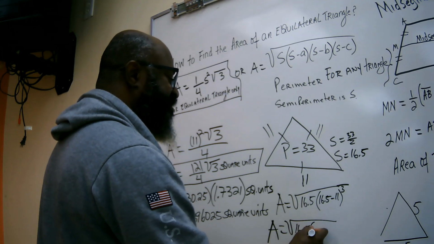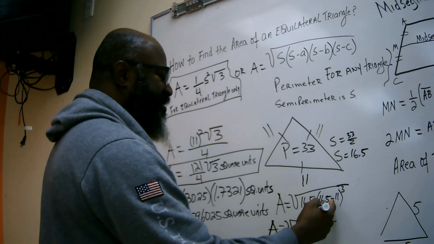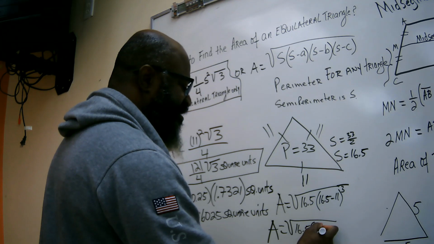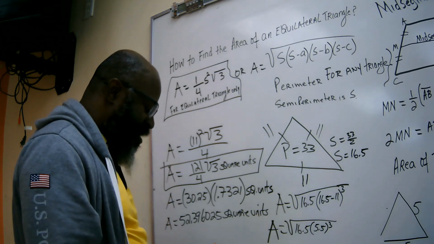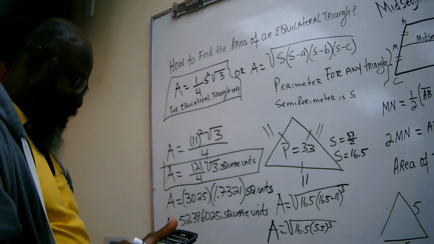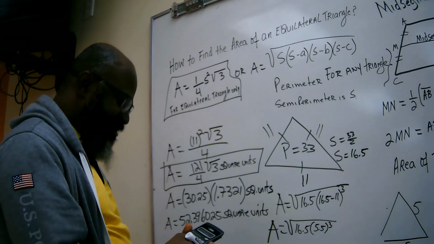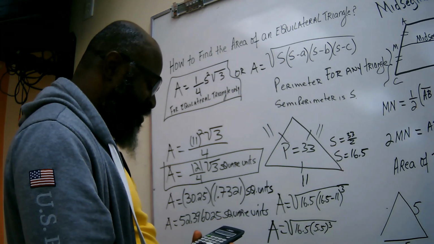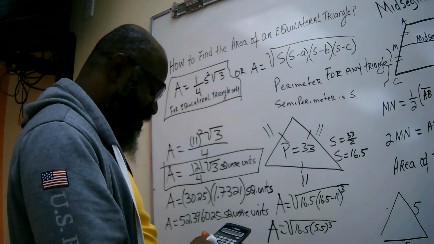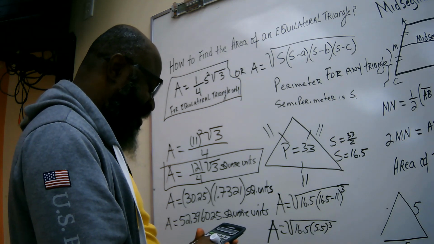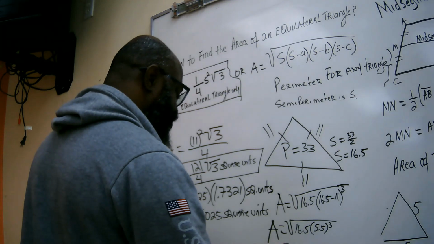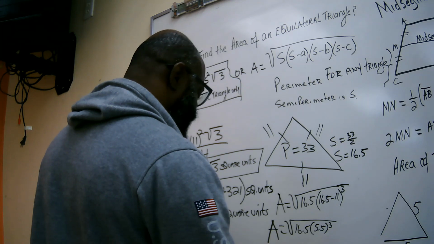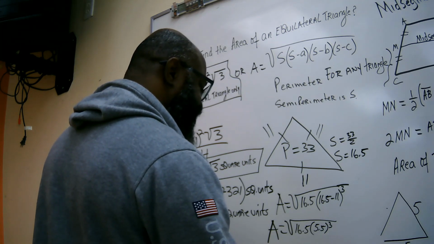In this case, you will have 16.5 minus 11 is 5.5. Then you raise that to the third power. That will give you 166.375. Multiply that by 16.5. Then you will find that A equals square root of 2,745.1875.